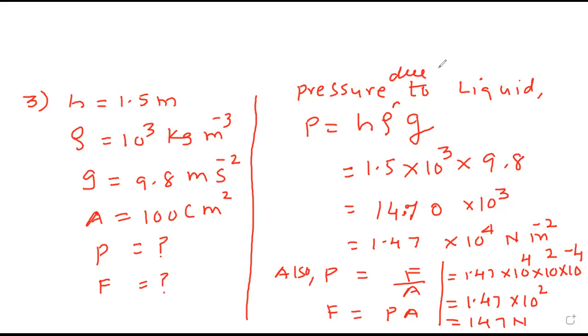Fourth numerical. Area of base of a cylindrical vessel is 300 centimeter square. That is same as 300 into 10 raised to minus 4 meters square.